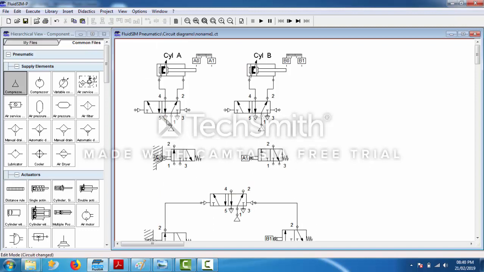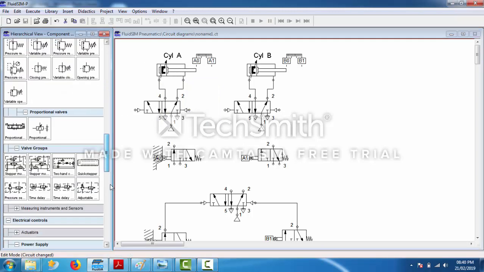Now see which part of this is actually doing the A plus part. See, air is in this position, air is coming from here, it is going to the right side. It is going to this side and it is pushing the piston inwards. So in this position, the piston is going in A minus position.